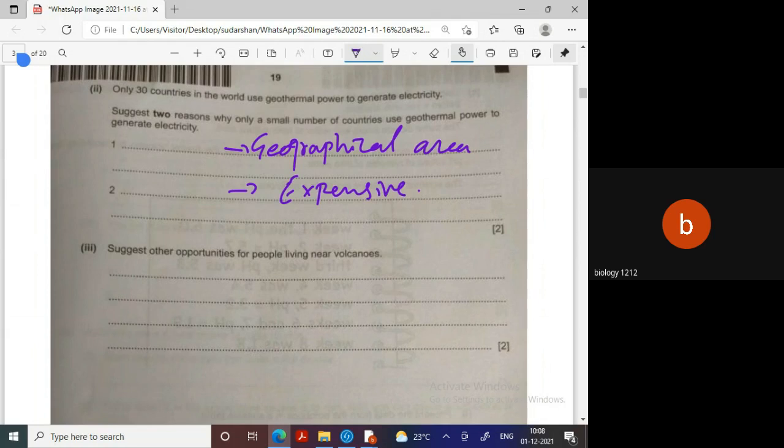Suggest other opportunities for people living near the volcano. So people living near the volcano may have different job opportunities, right? It can act as a tourist spot, it can act as a hot spring area.